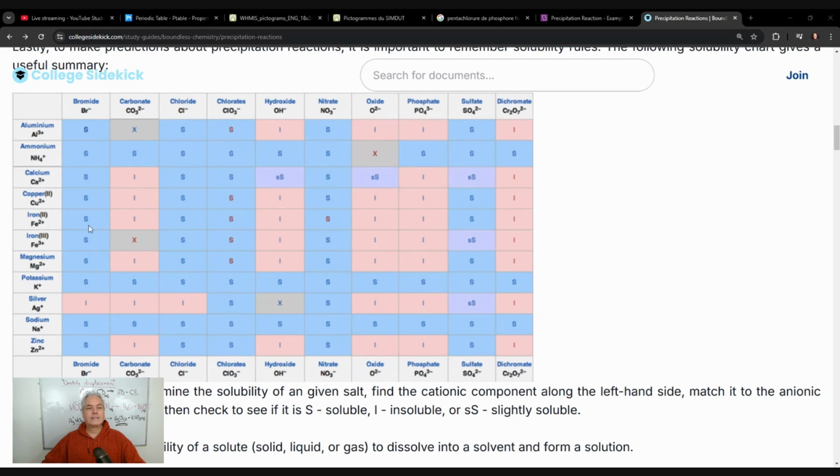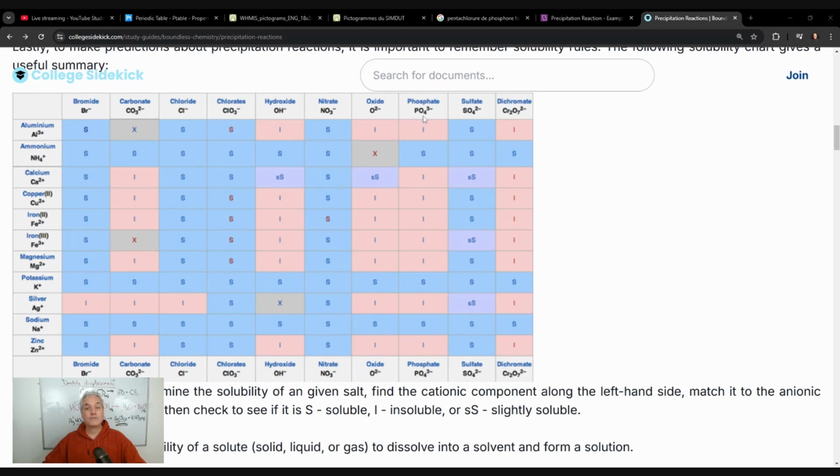Good. Here you can see in blue, aluminum and bromide. So aluminum bromide is soluble. However, silver bromide is insoluble. Sodium with any of the other anions is always soluble. Same thing with potassium, it's always soluble.